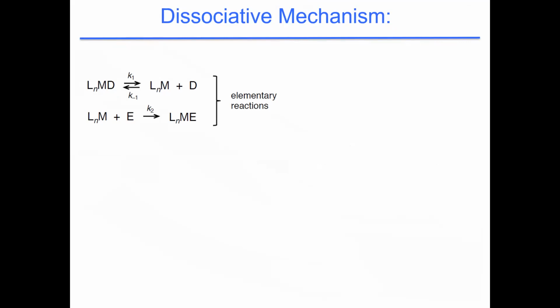Yeah, so just a bit about dissociative mechanisms. Here are the elementary reactions. So you have an equilibrium between losing and regaining the departing ligand, and then you have your five-coordinate transition state for an octahedral complex that then binds to an entering ligand.